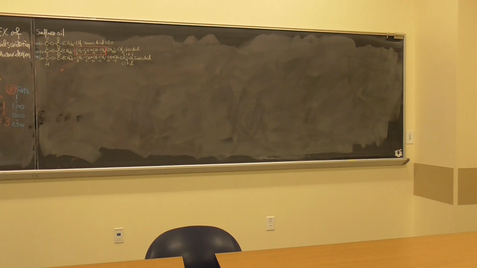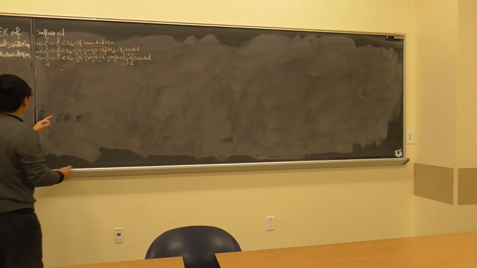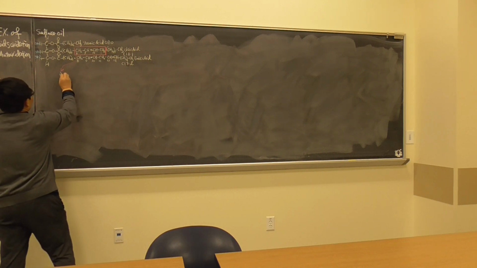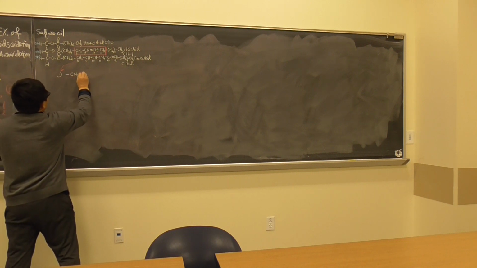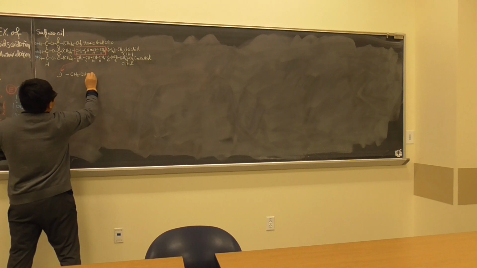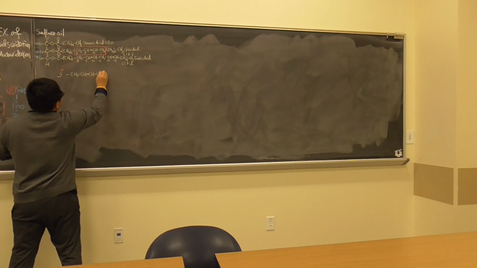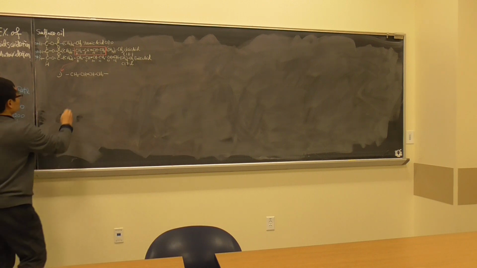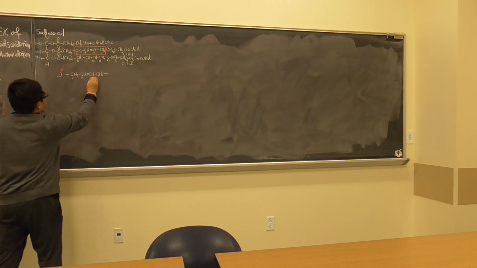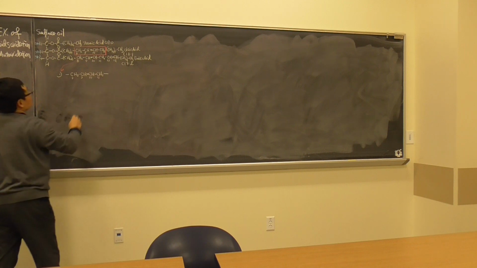Okay, so we skip several, but I need some space. So first stage, we skip some. We're going to have CH2, CH, CH, CH2. This is a long chain. We only take here. Okay, 8, 9, 10, 11.